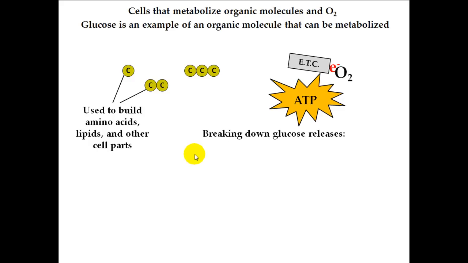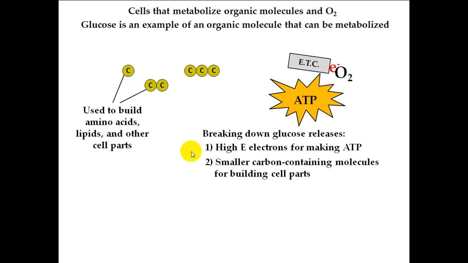Breaking it down releases high energy electrons that are used for making ATP. Breaking down glucose also generates these smaller carbon-containing molecules that can be used as building blocks to build the bigger structures inside of cells. So then what we'll take a look at next is some of the pathways that a cell might use in order to break down a glucose molecule.